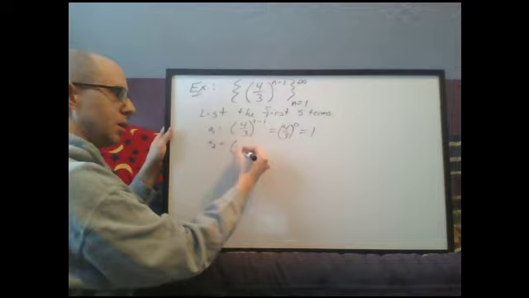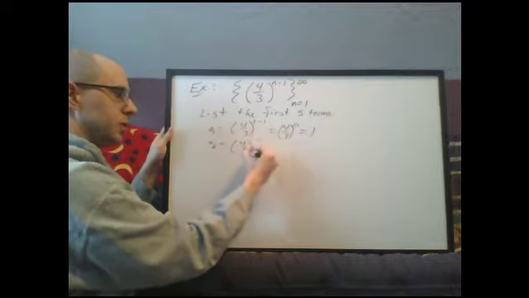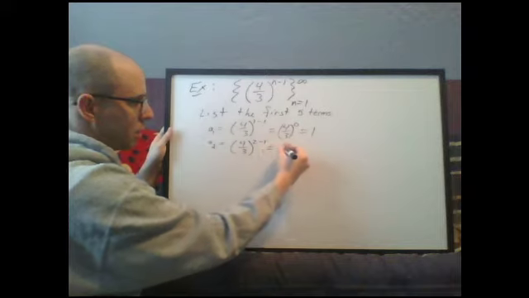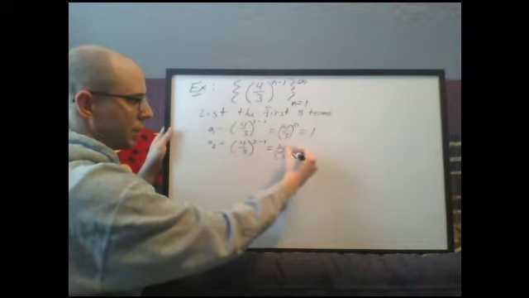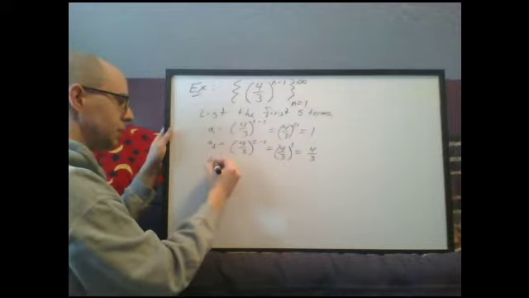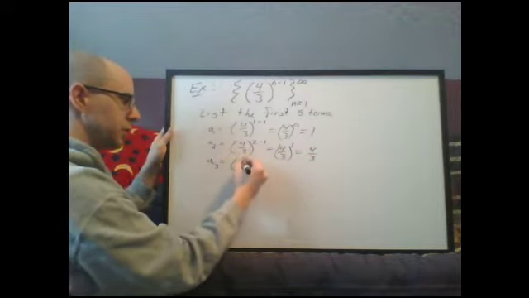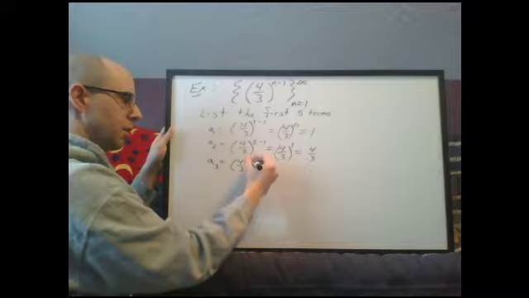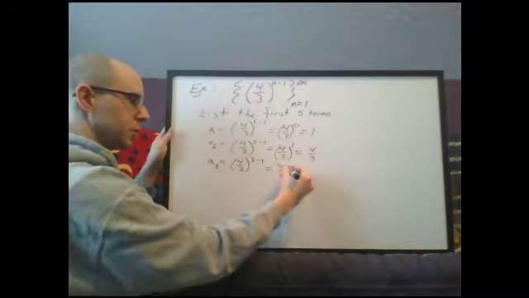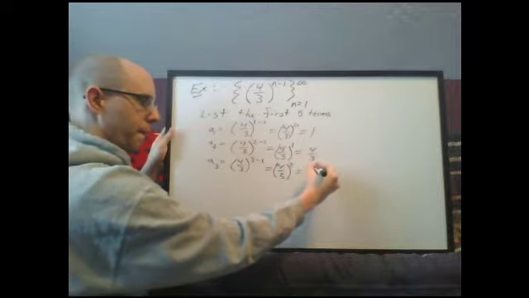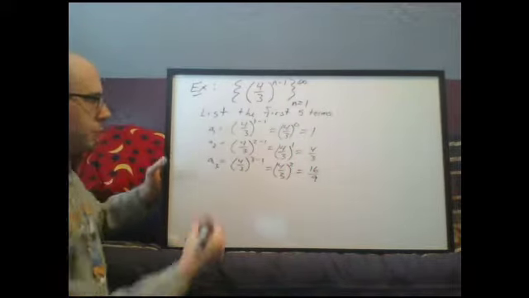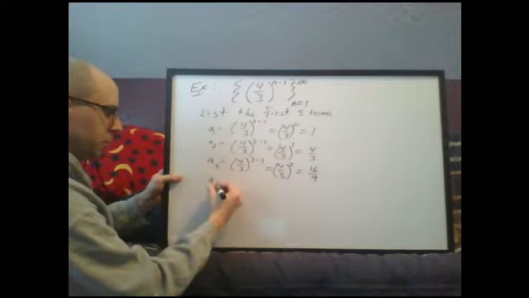A2 would be 4/3 to the 2 minus 1 power, which is 4/3 to the first, which would be 4 over 3, and so on. A3 would be 4/3 to the 3 minus 1, so 4/3 squared, which would be 16 over 9. And I asked for 5, so we have two more to go.